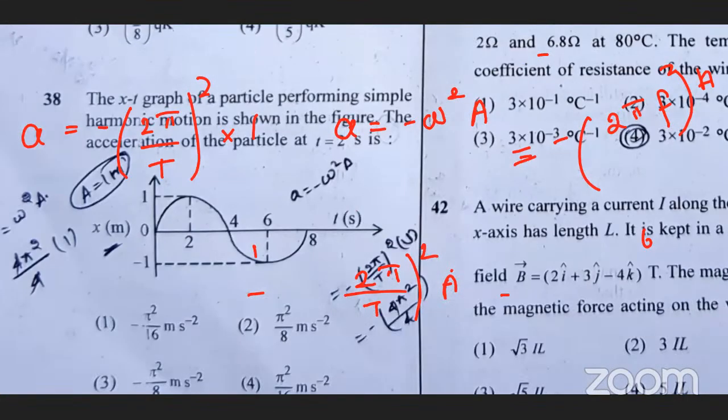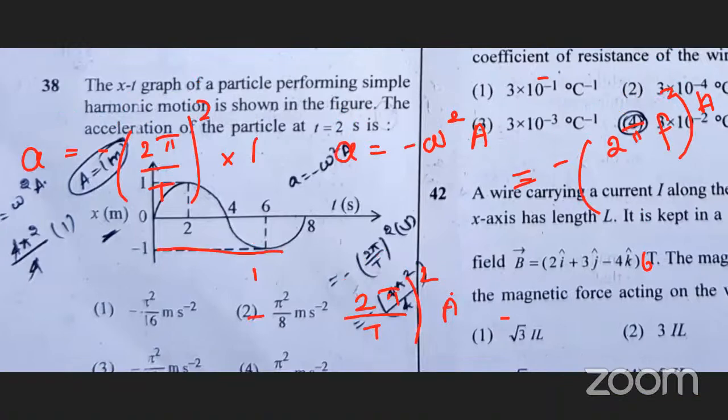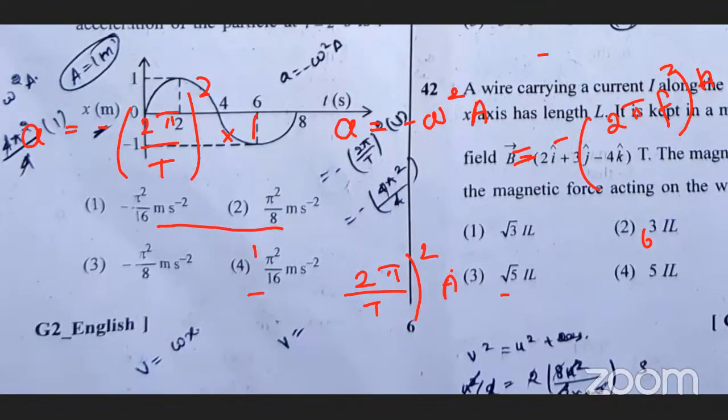The acceleration value is equal to minus (2 pi by time period) whole square into the amplitude value, which is 1 here.